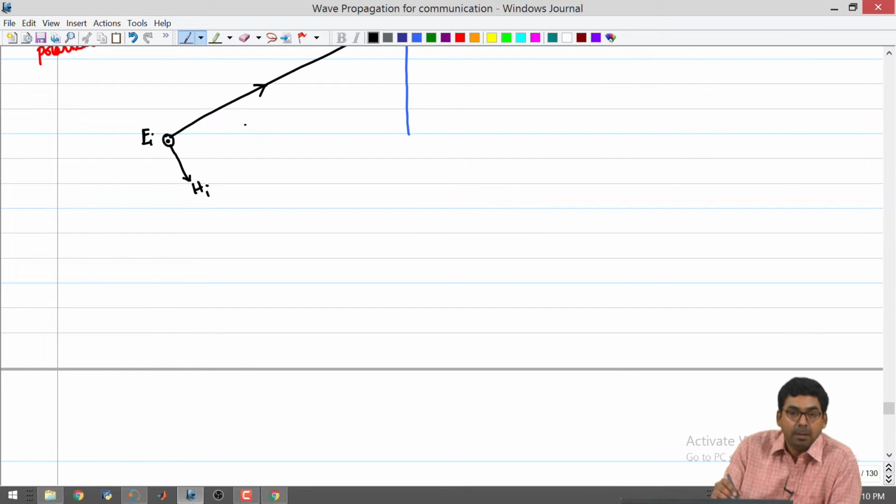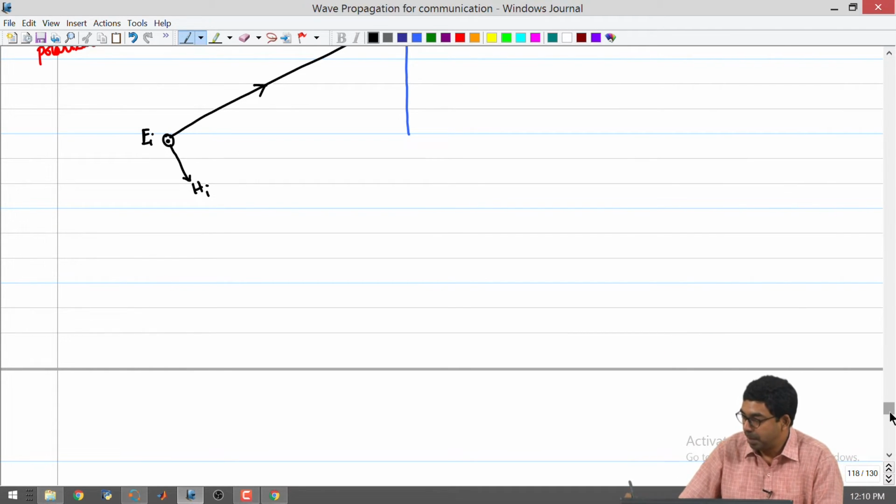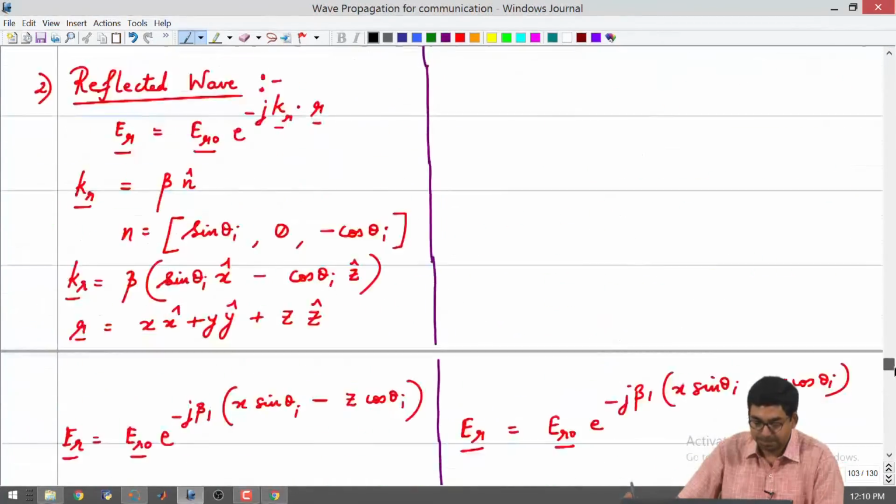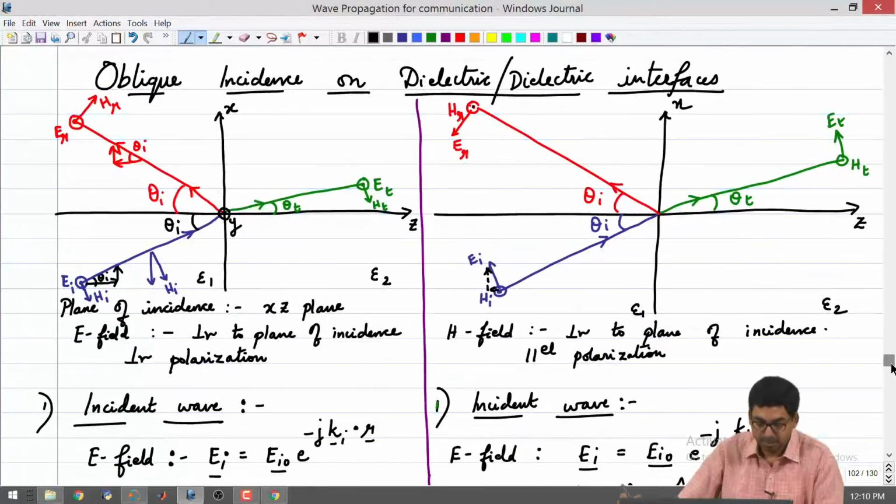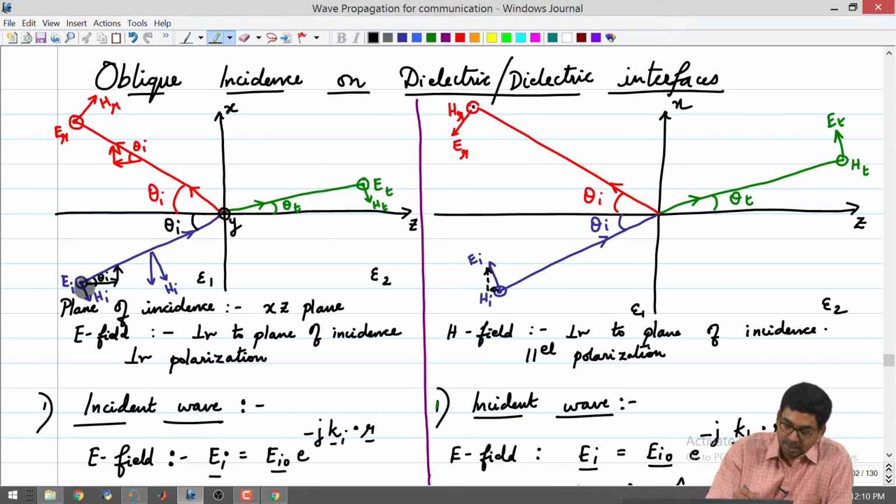Looking at this diagram, it is identical to what we had drawn before for the dielectric interface. So, if I go back to my notes, I have oblique incidence on dielectric interface. In this part, the description of the electric field is identical.